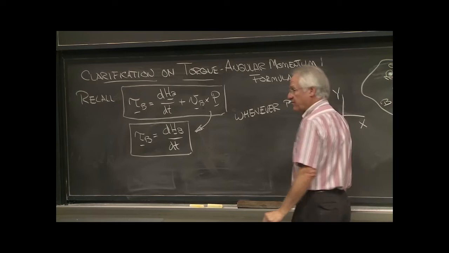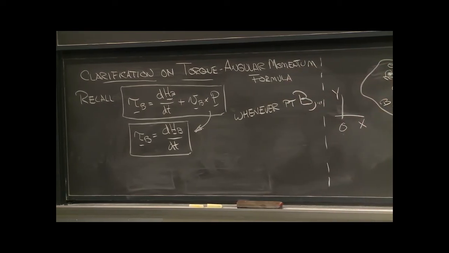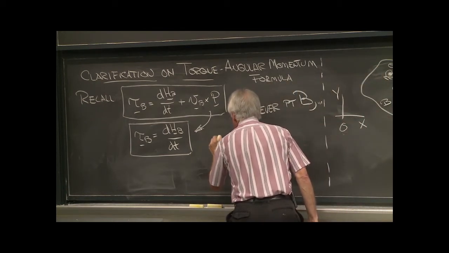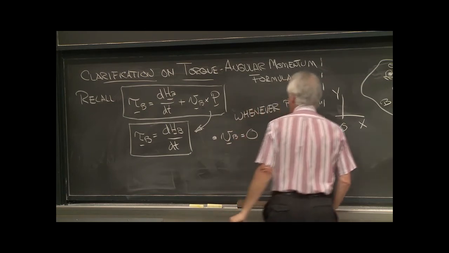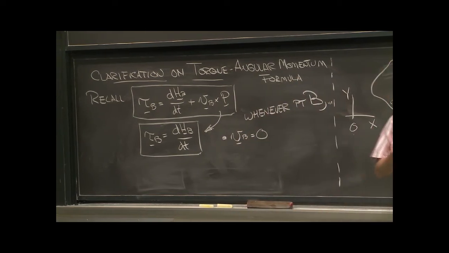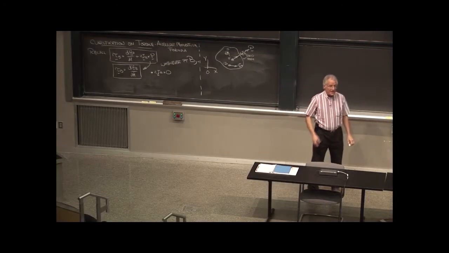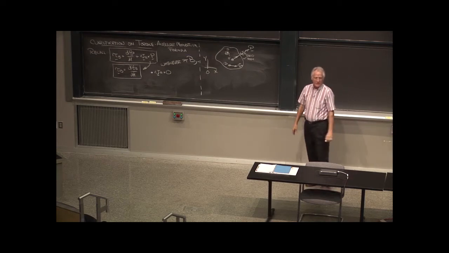Whenever point B, it turns out there are two conditions, and the two are these. One is when you know that the point about which you're going to do all the arithmetic is dead flat zero. That is, you know it's fixed, not moving in inertial space.